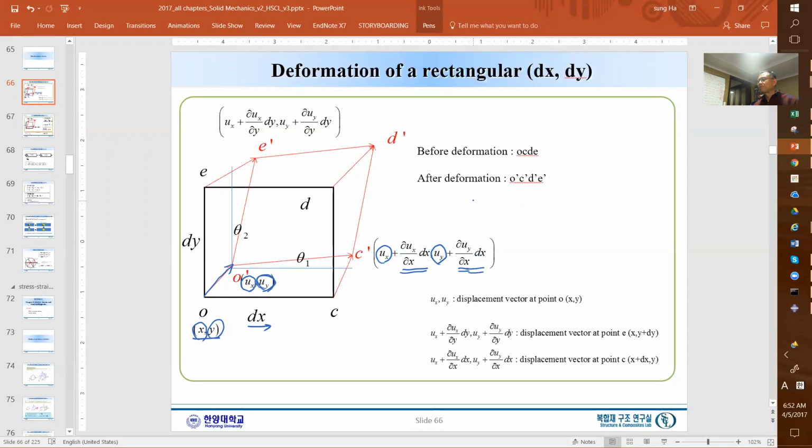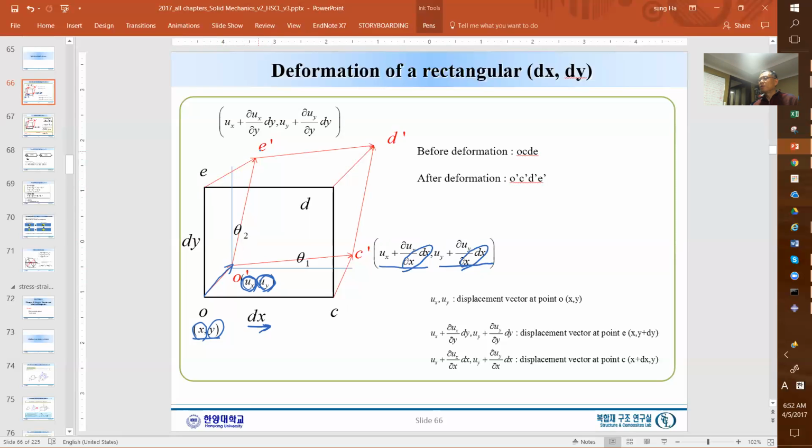That is the new coordinate of C. So C prime will have this and that, and notice that there is the x-directional increment dx because we moved from here to there.